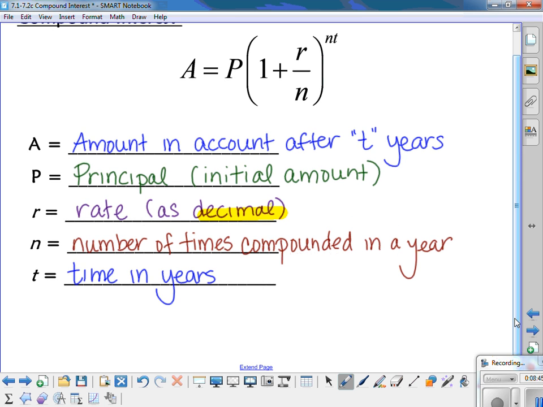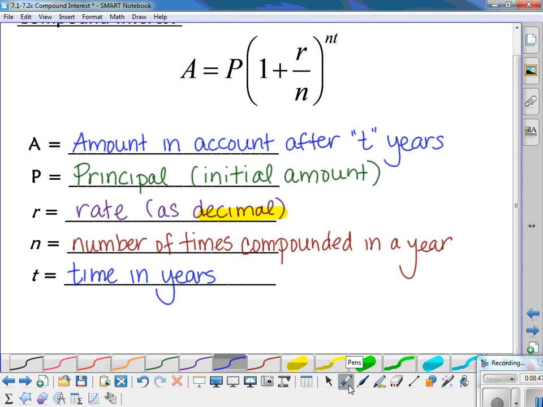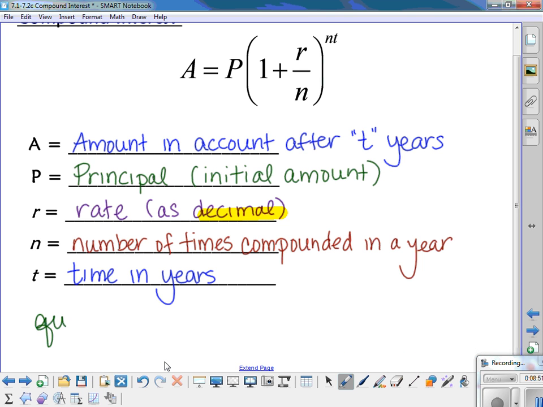So when you see these, you might see that something is compounded quarterly. It might be compounded monthly. It might be compounded bi-monthly, daily. If it's done quarterly, how many times a year do you think that is? 4 times a year, right. And if it's done monthly, that would be 12 times a year.